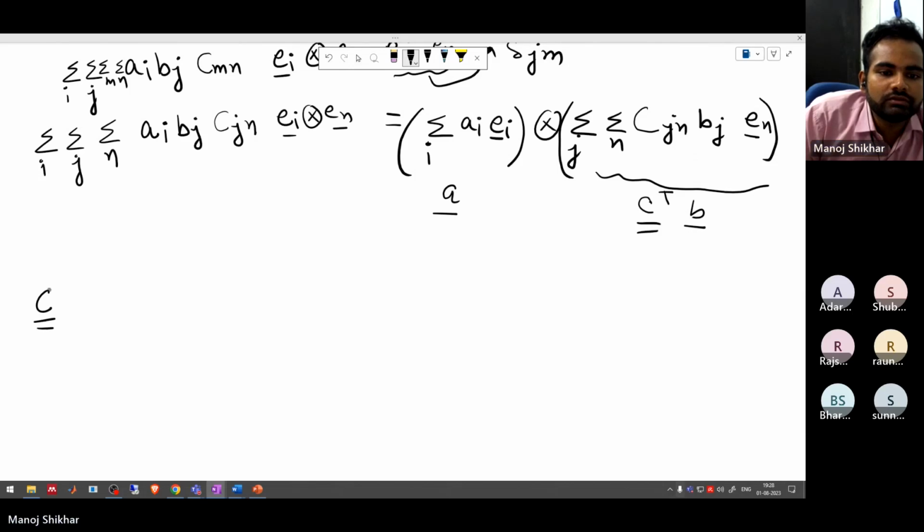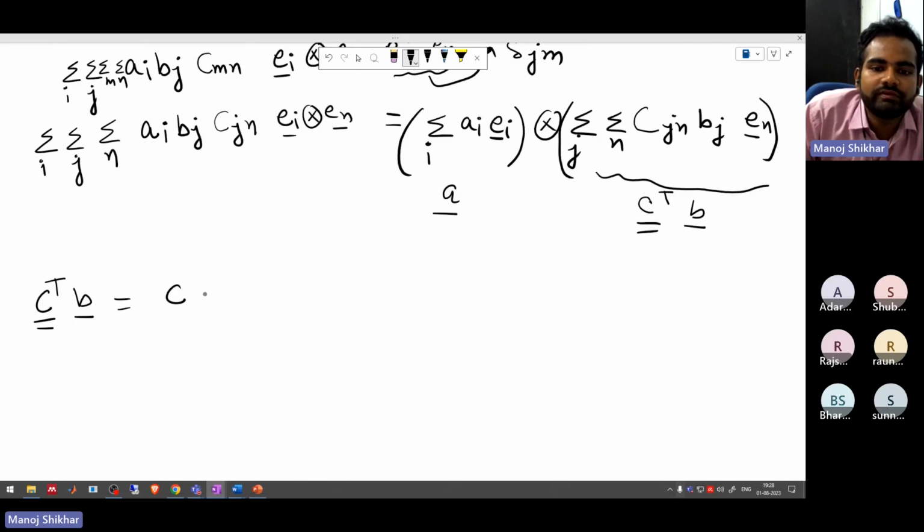We will expand C transpose B. So C transpose B will be what? C JK EK dot EJ, and B will be what?